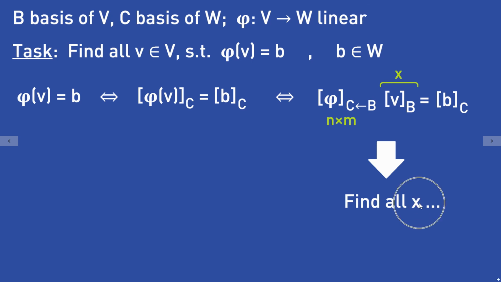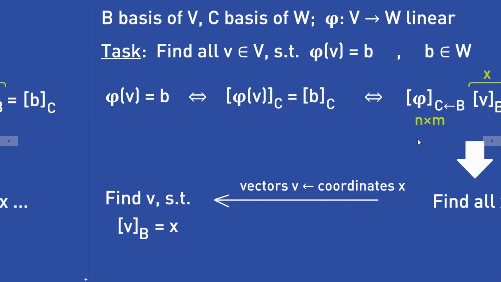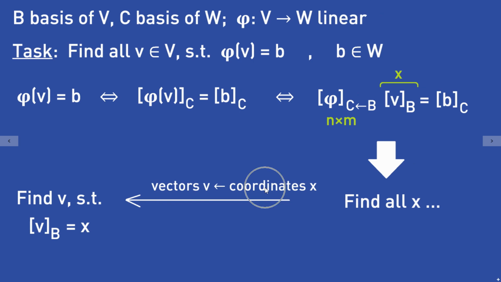These x here are now the coordinate vectors of some vectors small v in the space capital V. That means you now have to find these small v so that x is the coordinate vector of this small v with respect to the basis B. These particular v are now the solutions to our original problem.